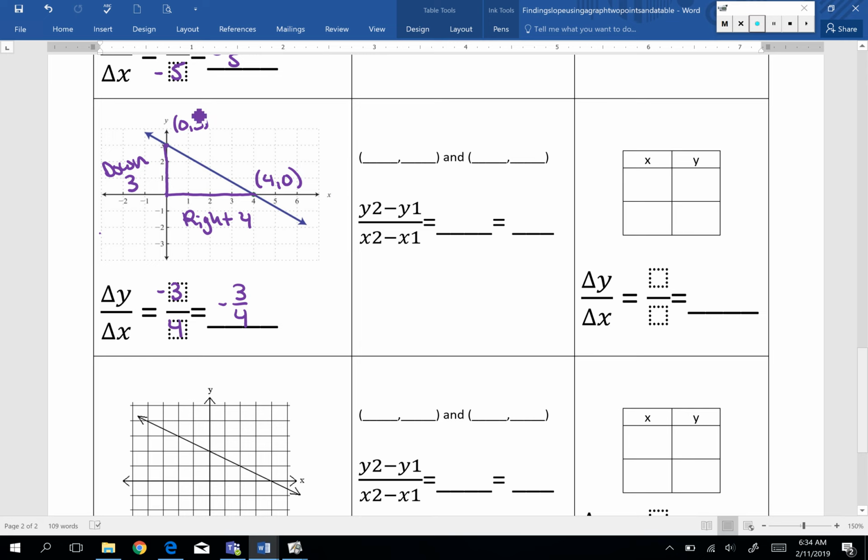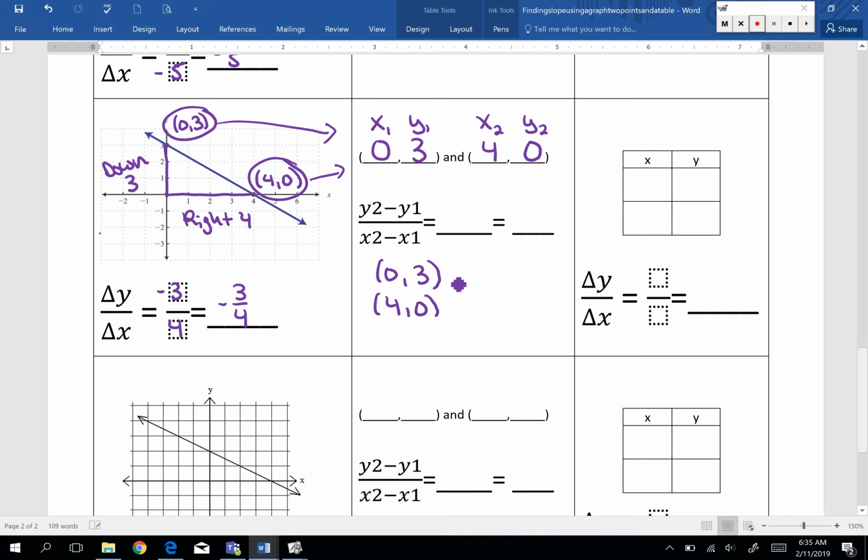So I take our two ordered pairs, and I'm going to transfer them over to that next box. Once again, labeling x's and y's. Or again, we have that option where we can stack.